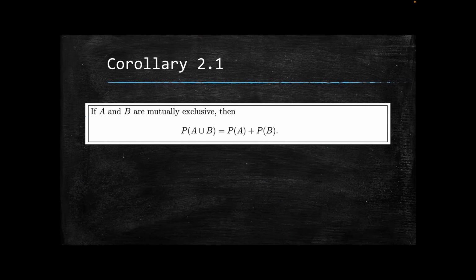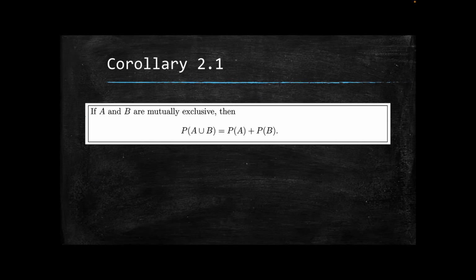Now we can deduce corollary 2.1. In mathematics, a corollary is a theorem connected by a short proof to an existing theorem. Sometimes you may be dealing with two events that are mutually exclusive. For mutually exclusive events, the probability of getting event A and B together is 0.